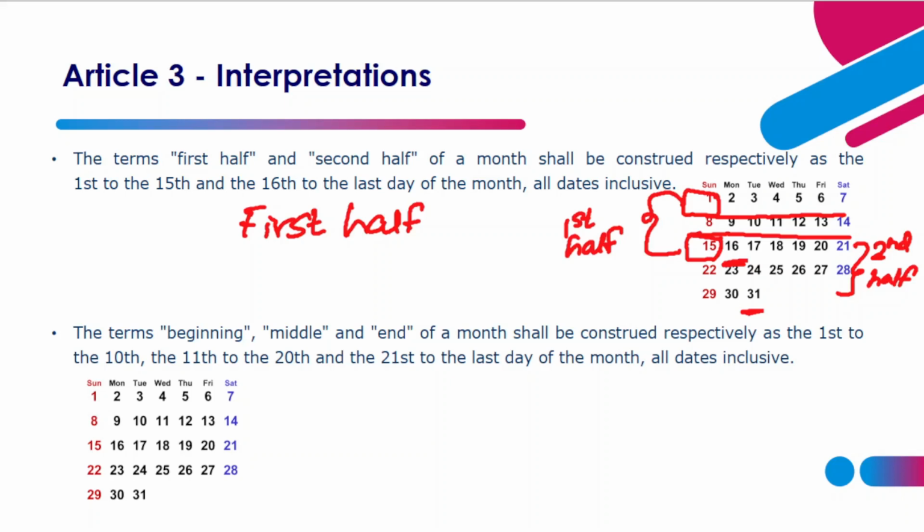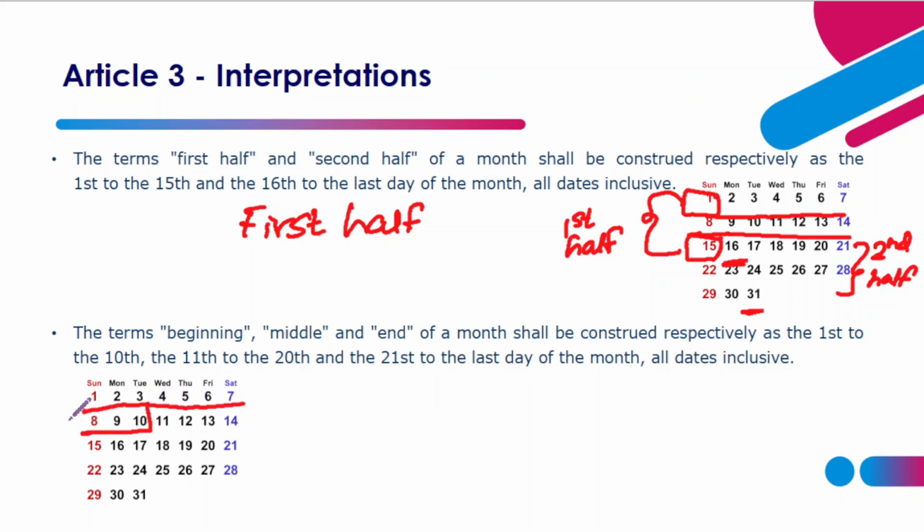The terms beginning, middle, and end of a month shall be construed respectively as the 1st to the 10th, the 11th to the 20th, and the 21st to the last day of the month, all dates inclusive. So, here again, if they say beginning, it means from the 1st till the 10th.